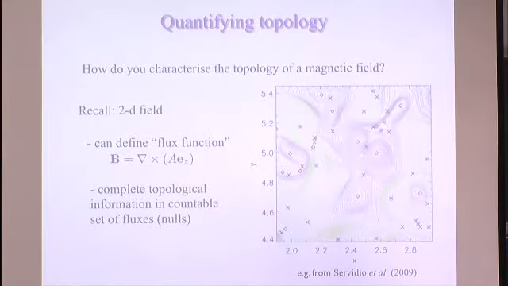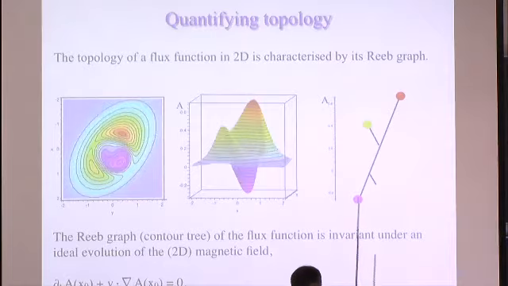The complete information about this flux function up to deformations, so the topological content, is encoded in the value of the flux function at these points, a finite set of points. So here's a simpler example.